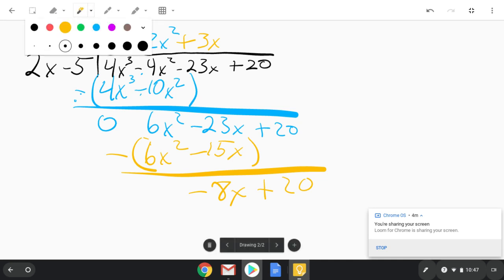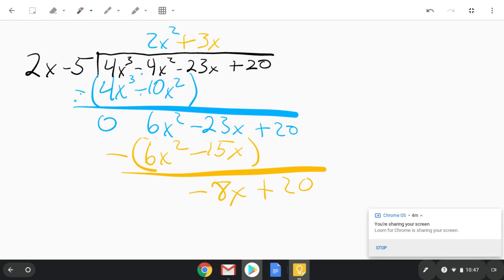Okay, let's change it to brown. All right, now we're going to be doing 2x times what will give us negative 8x. Well, that's going to be negative 4. All right, so now negative 4 times this binomial. Negative 4 times 2x is negative 8x.